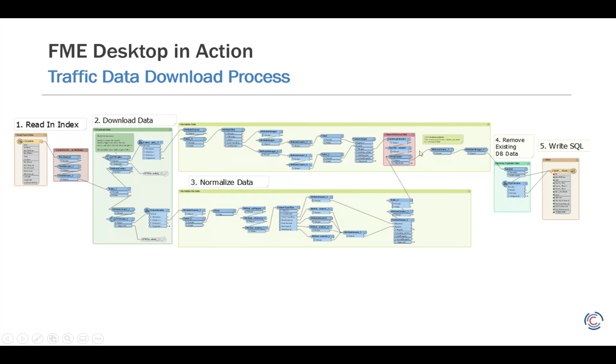Many times people have to receive data from external sources, and it's not in the right format. The fields are different. Everything is different about the data, but we need to modify all of that to get it into our format and our schema. So that's what we're doing here. And then in step number 4, we're removing the existing data from the database that we don't need anymore. And at the end, we're writing to SQL.